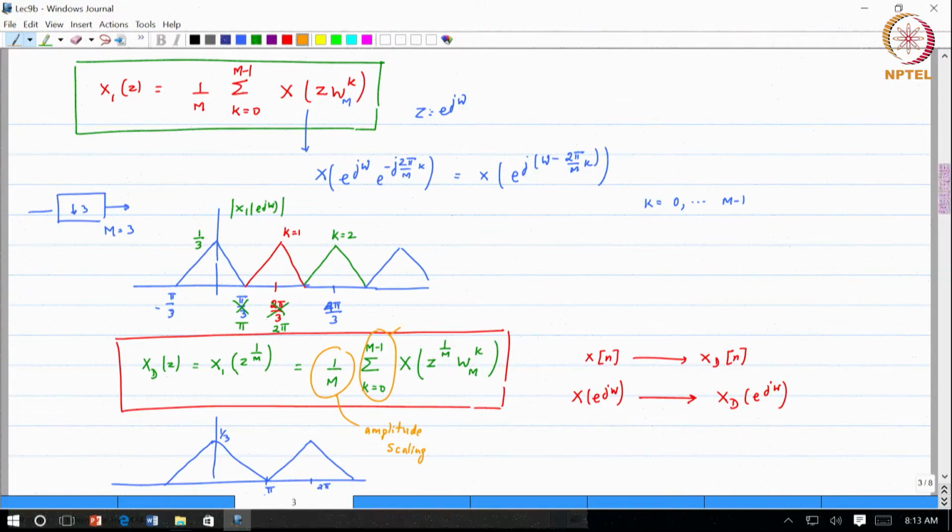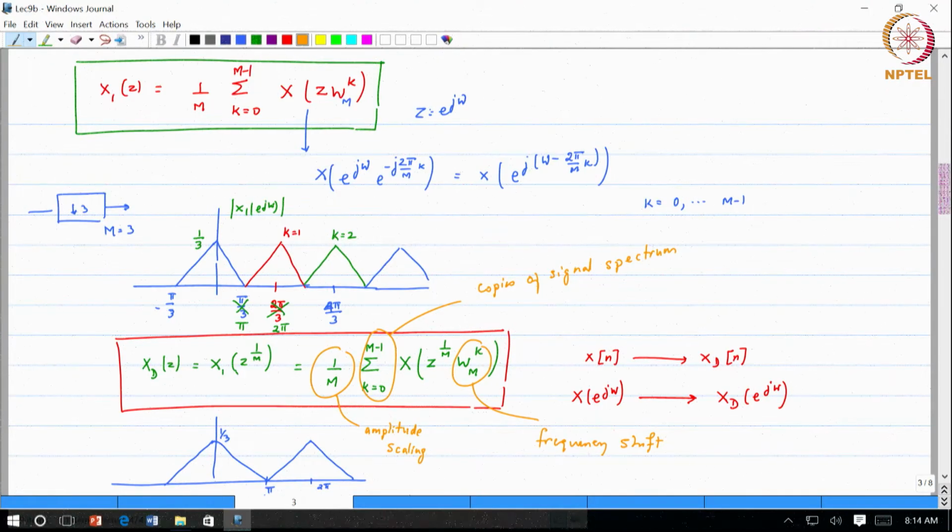The copies of the input signal spectrum, how many copies? M minus 1 additional copies, and the frequency shifts. So, all of these were present in x1 e of j omega, the scaling, multiple copies, and the frequency shifts, which is what we saw.